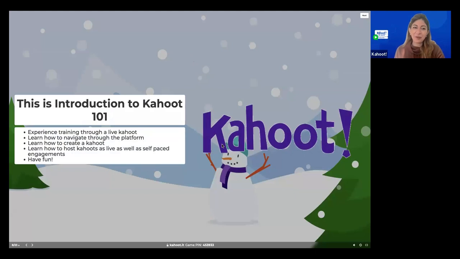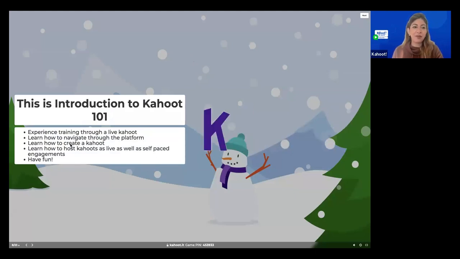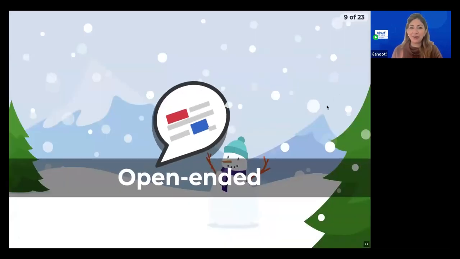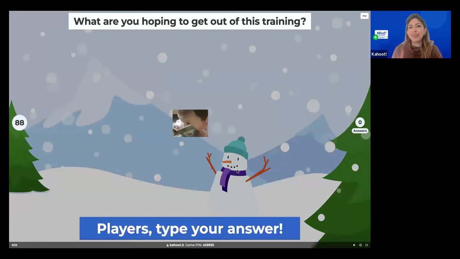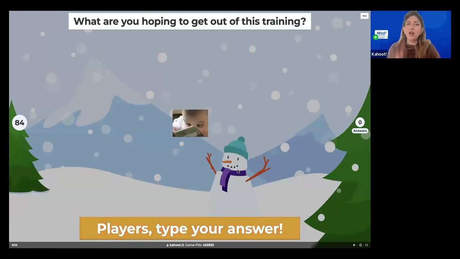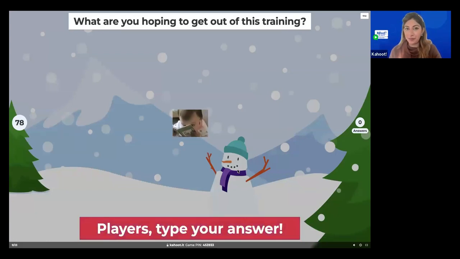As I mentioned earlier, we're going to be doing a live training on how to navigate through the platform, how to create and host Kahoots live as well as self-paced, and hopefully we'll have some fun while we're going through all of that information. One more question for you. This one's open-ended. What are you hoping to get out of this training? Anything in particular that we're hoping to learn, or what prompted us to join the training session today? This is an open-ended question type that you're experiencing now.